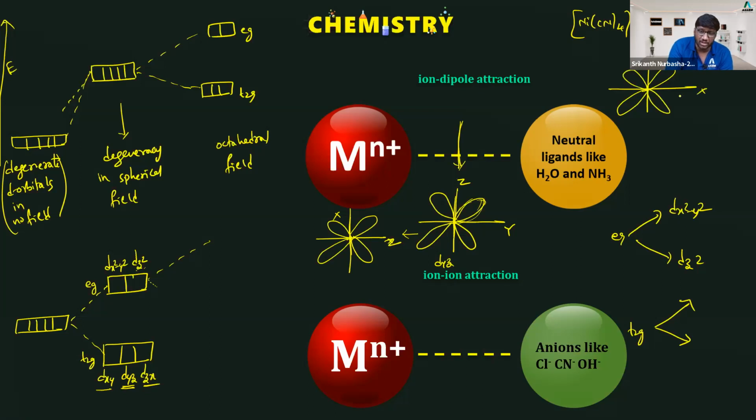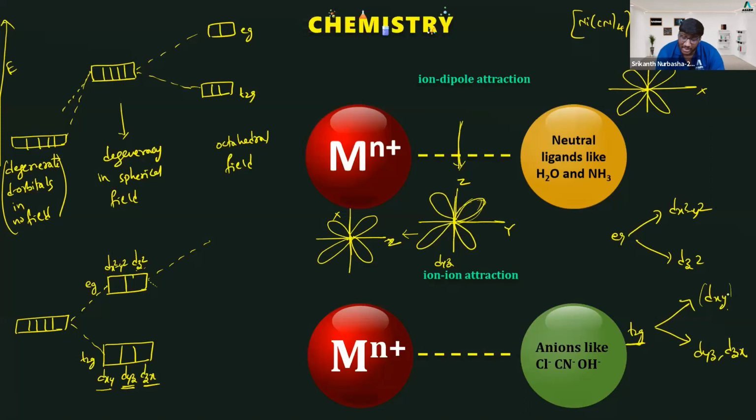Along the x direction ligands are coming, along the y direction ligands are coming, and ligands are not in the z direction. So the repulsion of dxy will be higher when compared to dyz, dzx. So t2g will now also split into two parts. What is the first part? dxy, which will be high in energy. Why? Because it will experience more repulsion when compared to dyz, dzx.